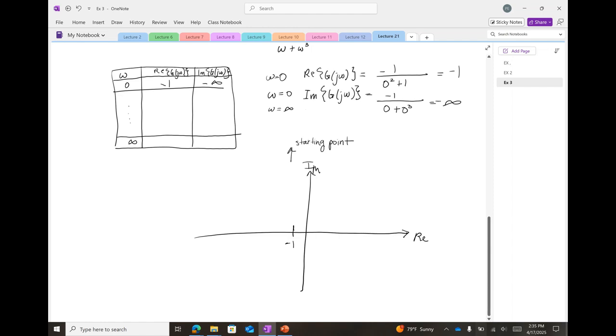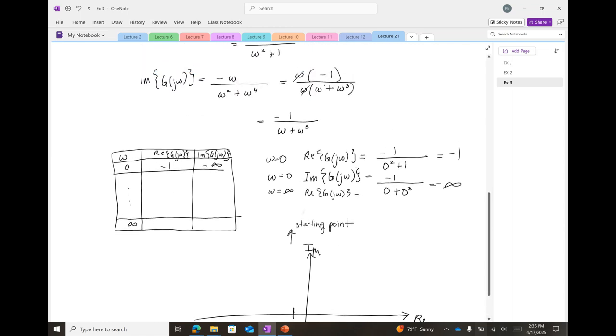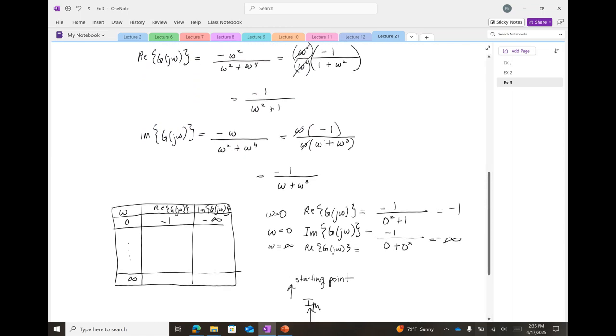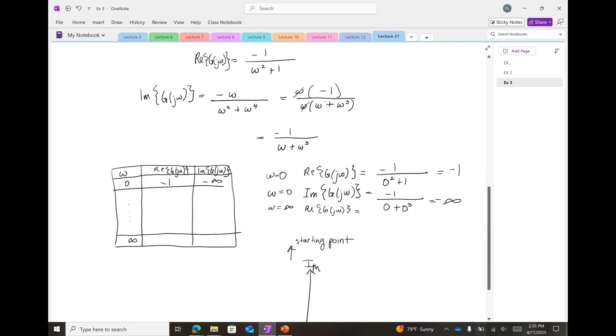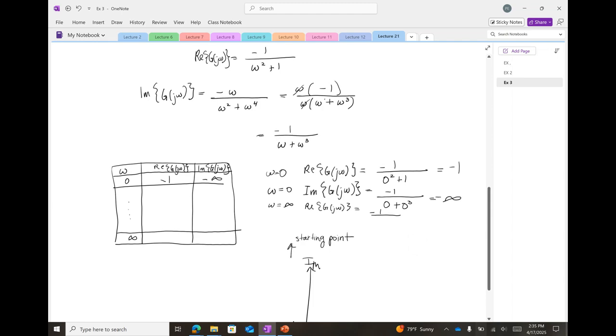Okay, now let's compute for, and let's see if I have enough room, omega is equal to infinity. So our real part is going to again be negative 1 divided by omega squared plus 1. So we have negative 1 divided by infinity plus 1. So this should give us a 0.